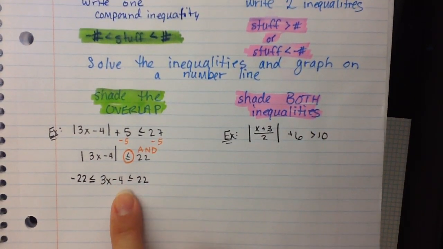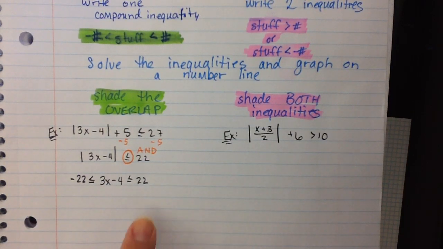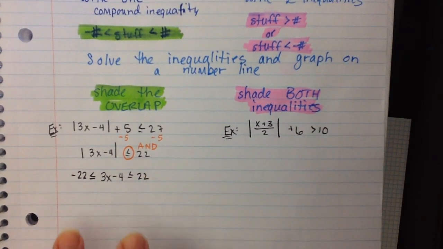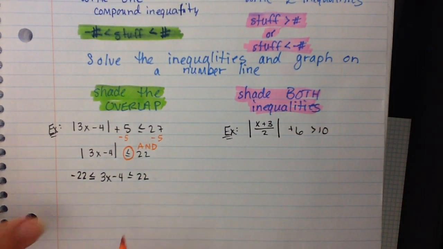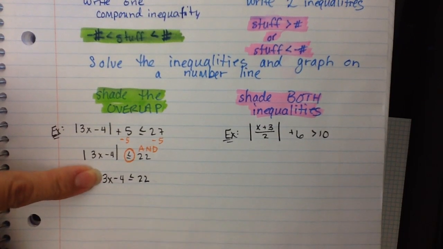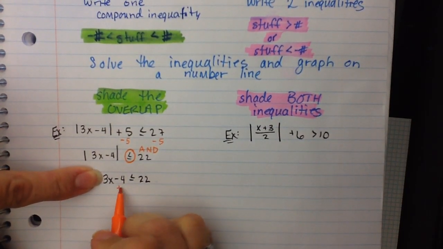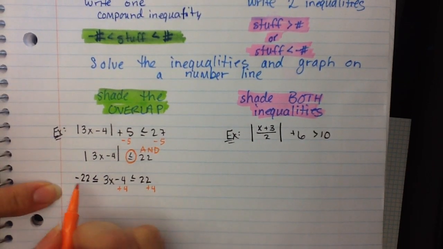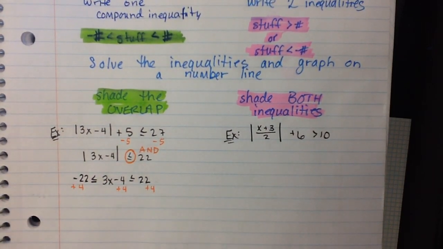From here, I'm going to solve this inequality. Now, I don't know if you have worked with inequalities that have two ends. It's a bit different than equations, but if you imagine that you had this inequality, your first step would be to add 4, but now I have 3 sides, so I'm going to also add 4 to the left end.